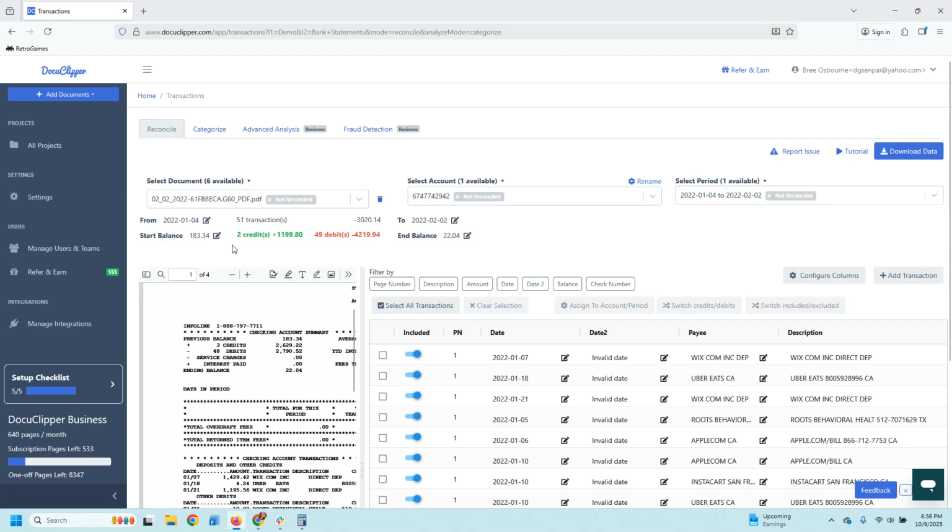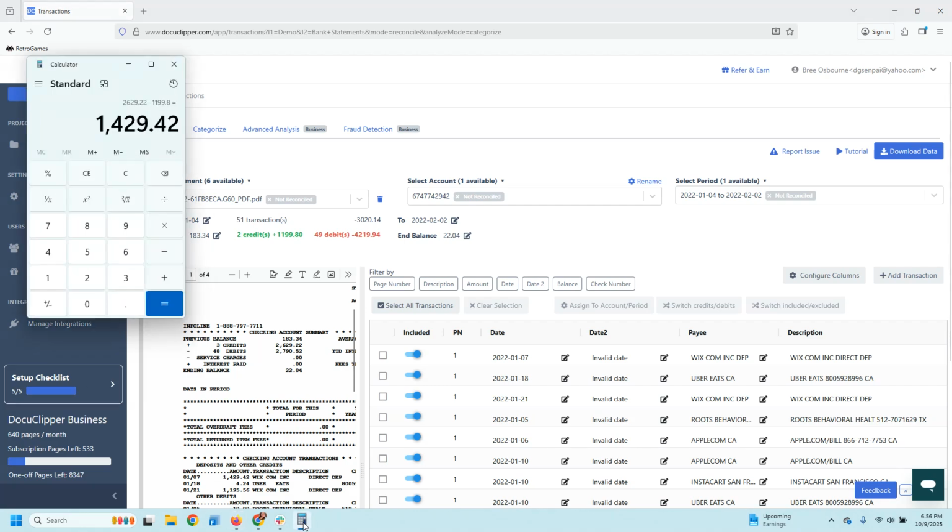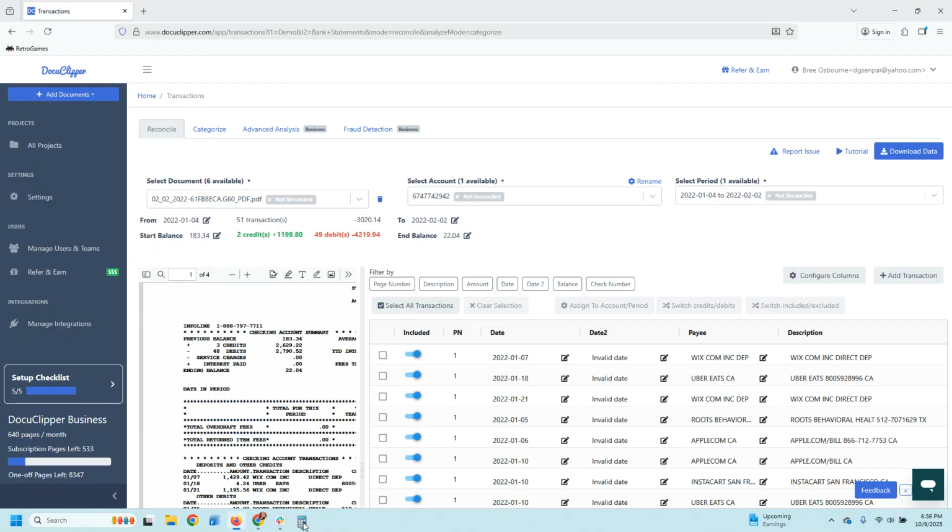However, in this case, what we have found is that DocuClipper has found 2 credits when on the bank statement 3 credits are listed. So we can see that the difference between the credits we found and the credits listed is $1,429.42.